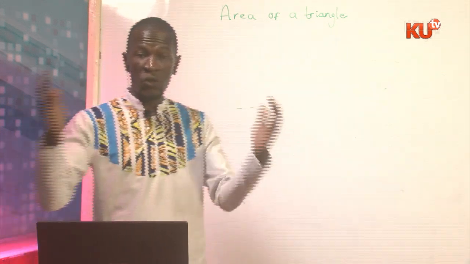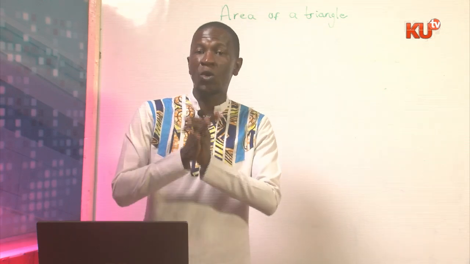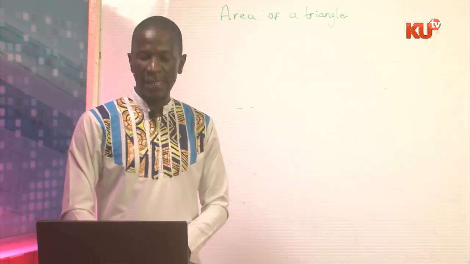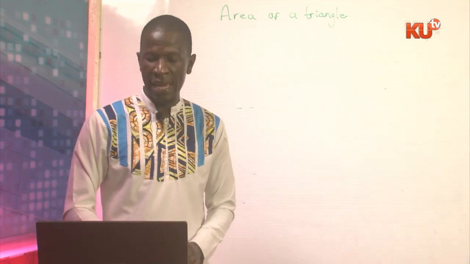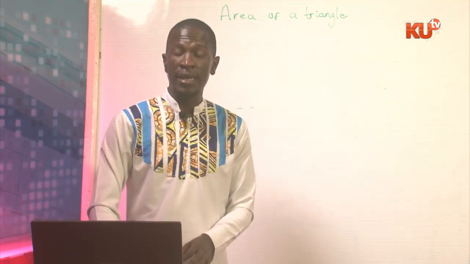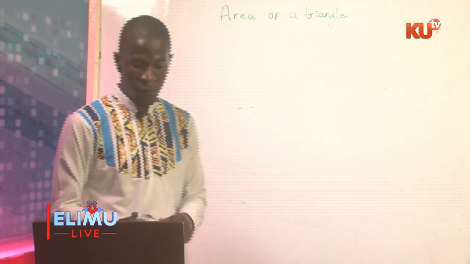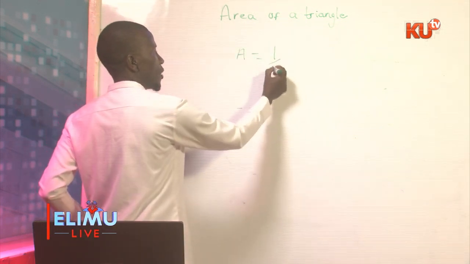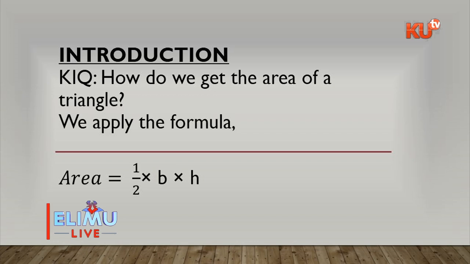The next thing you need to understand is how to get the area of a triangle. That is the formula for getting the area of a triangle. How do we get it? Area of a triangle is equal to a half of the base and the height. That is a half times base times height.